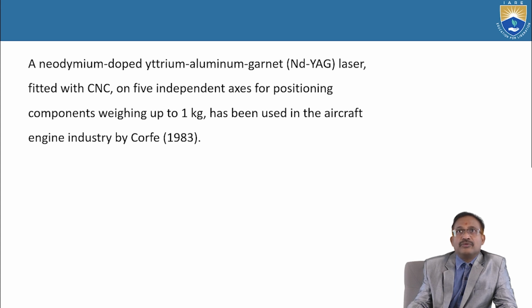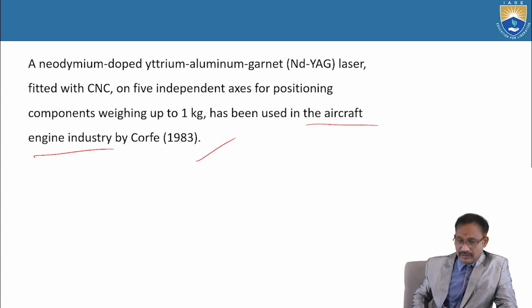Neodymium doped. An Nd:YAG laser fitted with CNC, computer numerical control, on 5 independent axes for positioning components weighing up to 1 kg has been used in the aircraft engine industry by Korf during 1983.